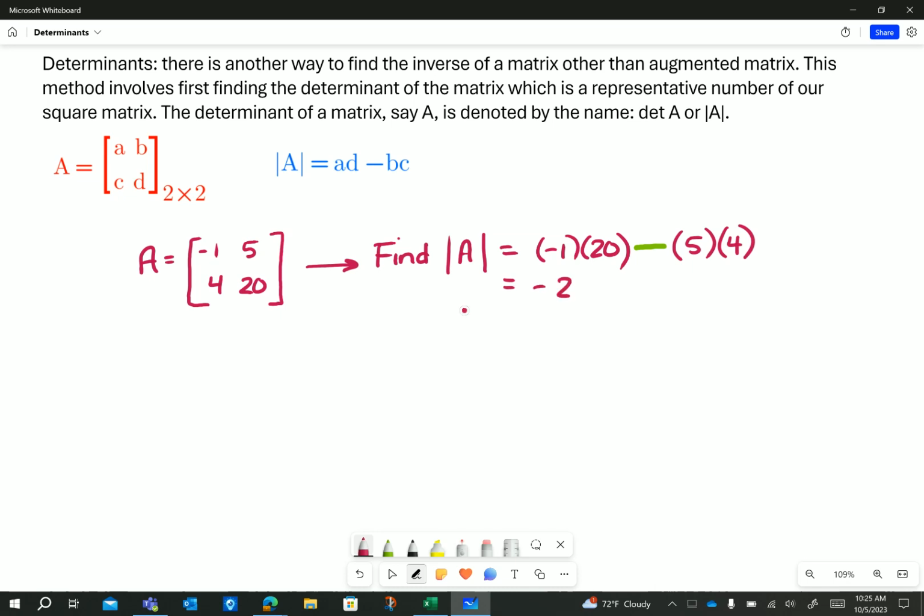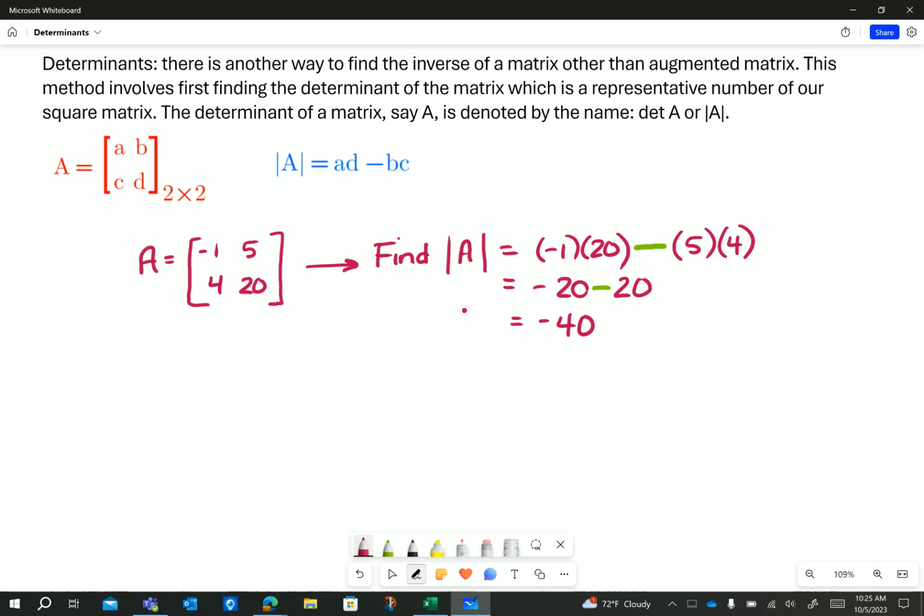Simplify: -20, minus 20, and you combine, and we get -40 for determinant A.